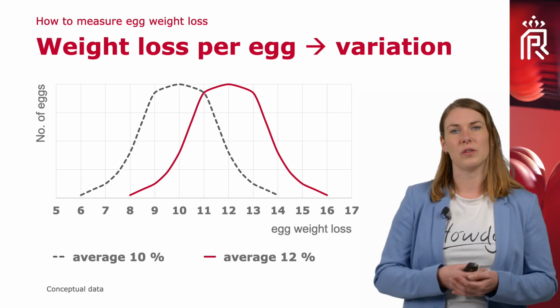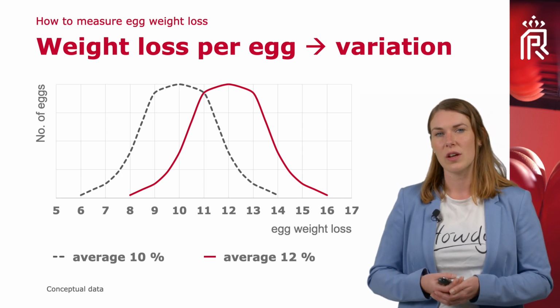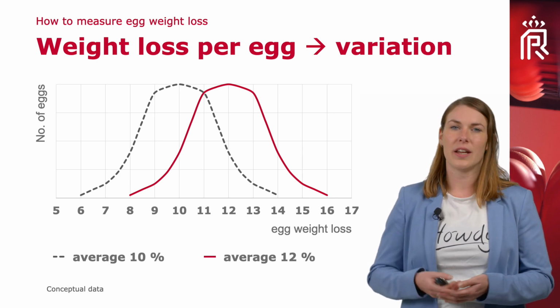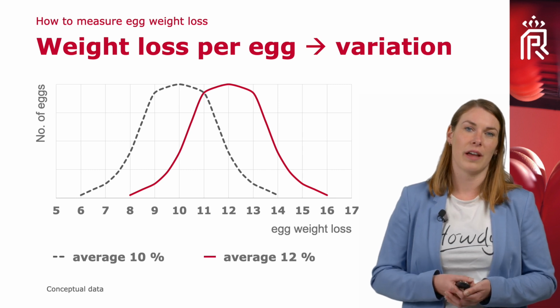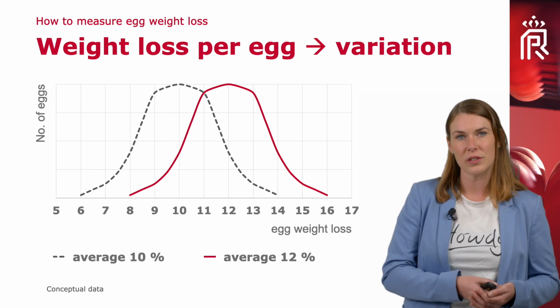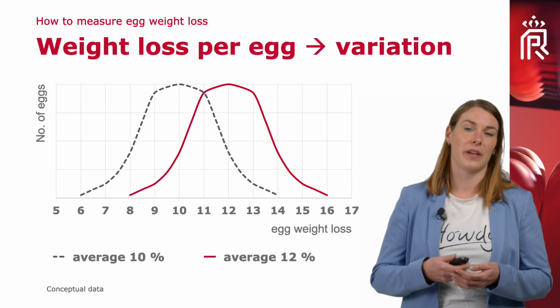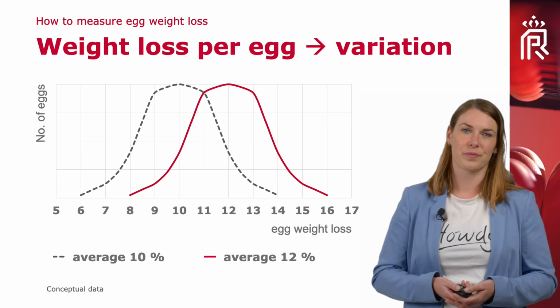And if we were to move this whole curve to an average of 12%, we actually see that the extremities are moving as well. Now we actually remove the risk of a very low egg weight loss. We moved from 6% as the lowest to about 8%. So we're actually escaping this danger zone of below 6.